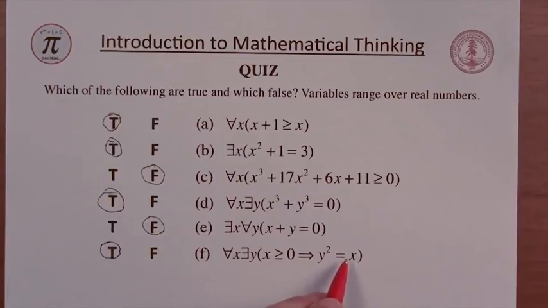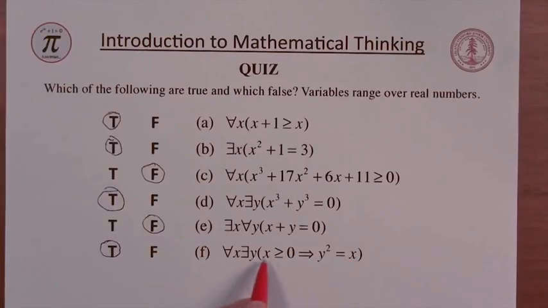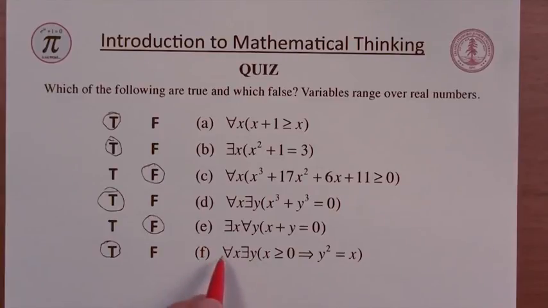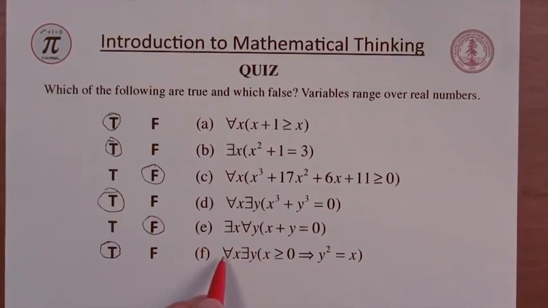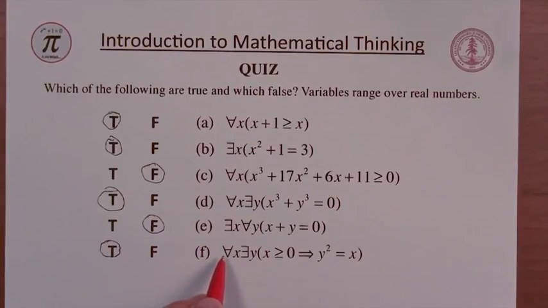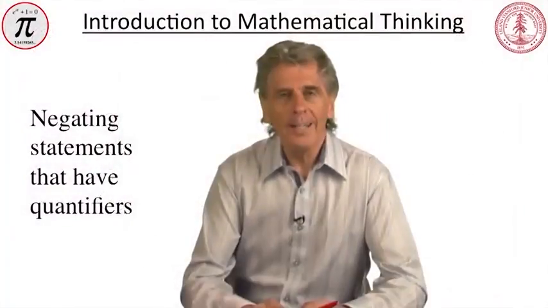You see what's going on? If you're given a negative x, there is no y that satisfies y squared equals negative x, not in the real numbers. But that eliminates that case. So this one's quite subtle. I suggest you think about this one. It's the kind of thing that you encounter quite a lot in mathematics. Okay, well, how did you do? Okay, let's move on.